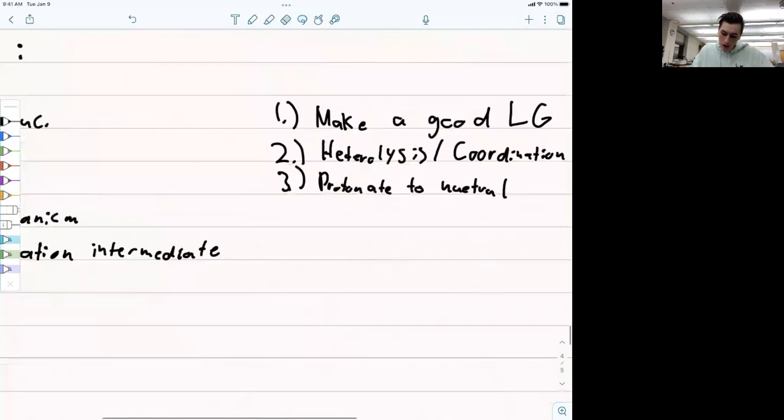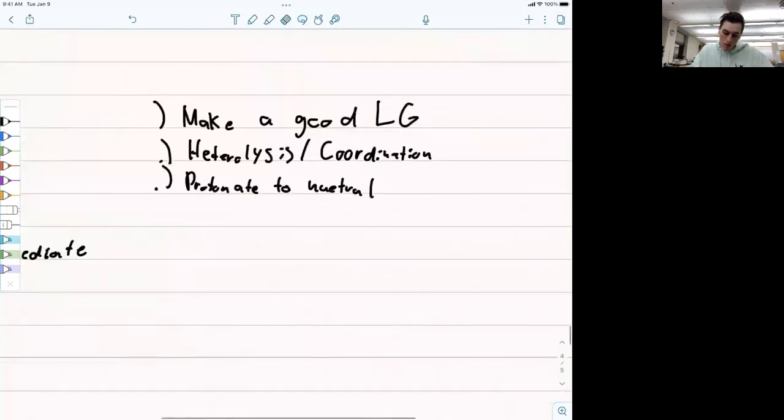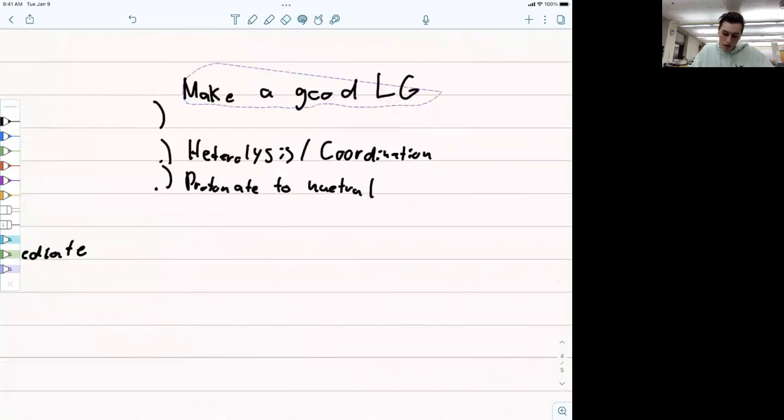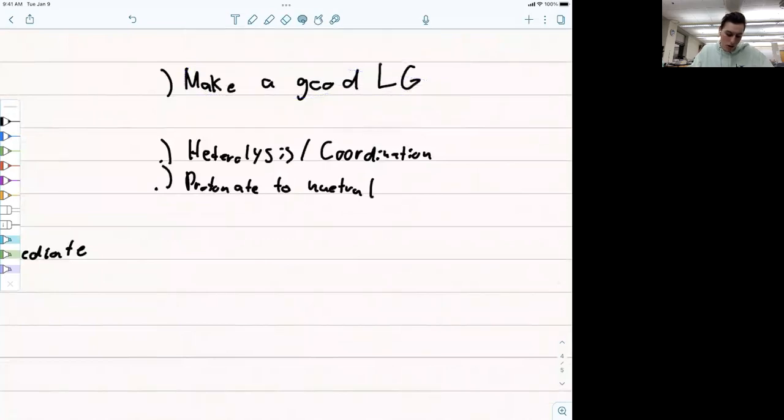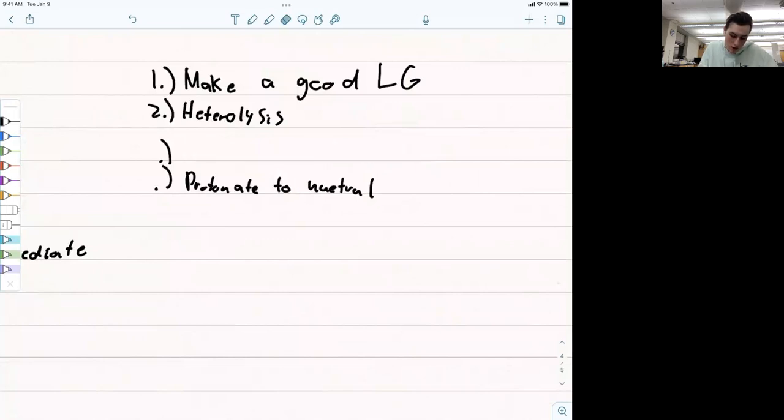In SN1, I have reasonably the same steps. I want to make a good leaving group, and then I have heterolysis. And then I have my intermediate step of checking for rearrangement.